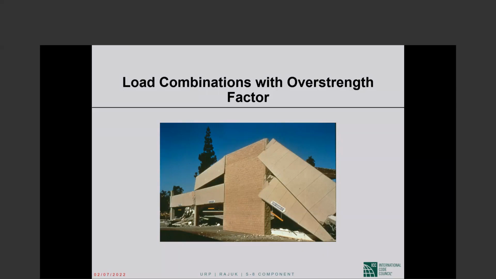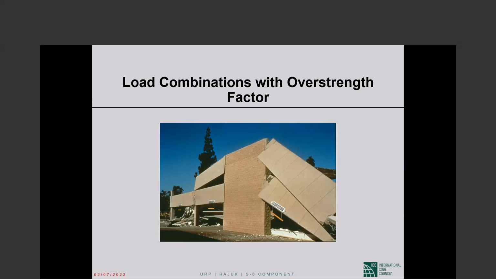The shear walls didn't have to do anything because the collector elements that were supposed to deliver the shear to the shear walls failed before the delivery took place. So from that point on, this was 94, 97 UBC, we already required collector elements to be designed using what we used to call special seismic load combinations back in those days.